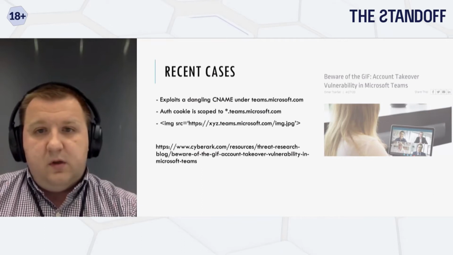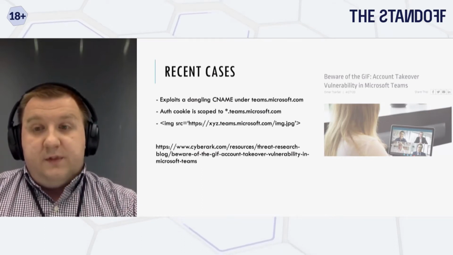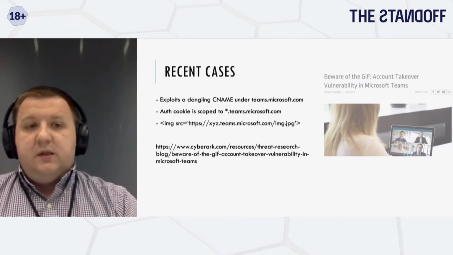Another recent case that I have been exposed to was that of Microsoft Teams and cookies. So we have an authentication cookie which has a scope for Teams at Microsoft.com, which means that the browser will find it easy to send it to any subdomain in Teams.